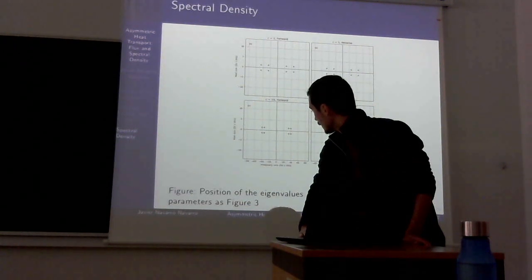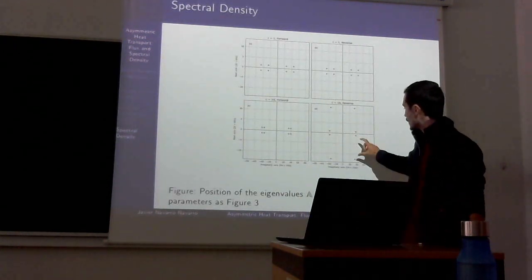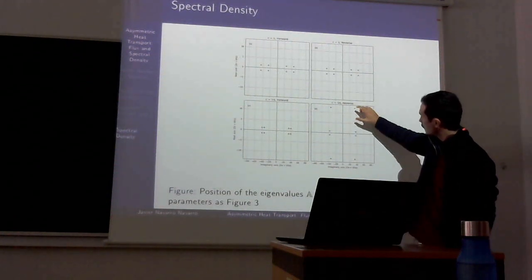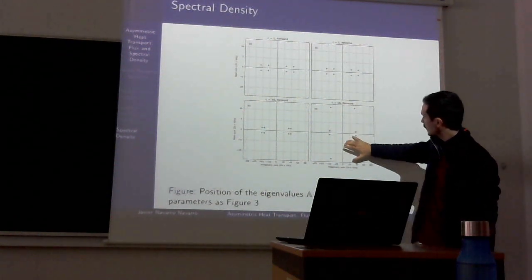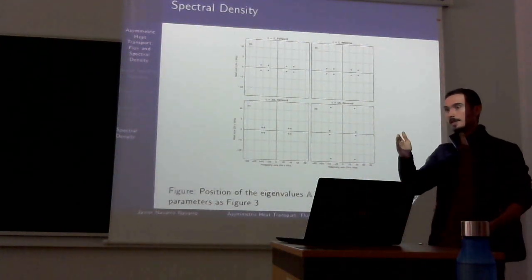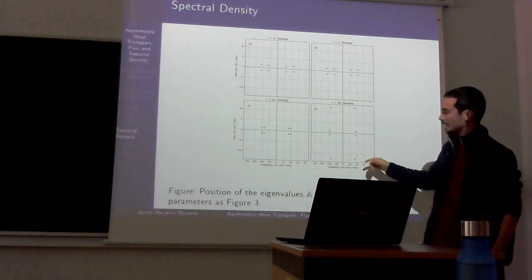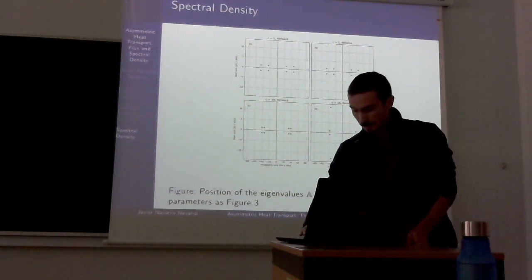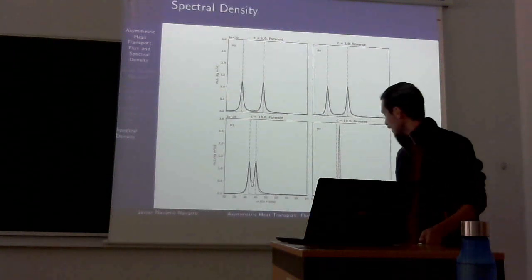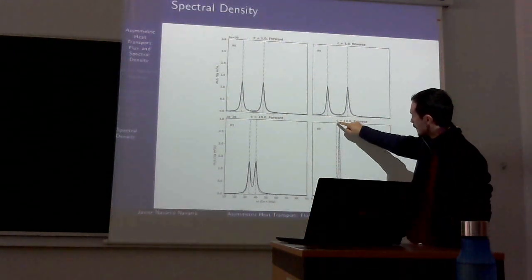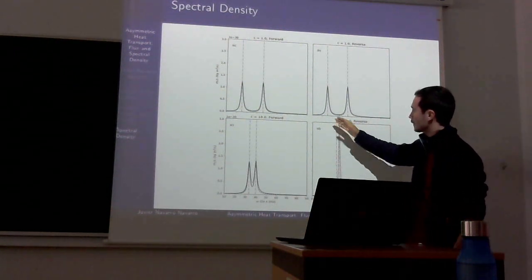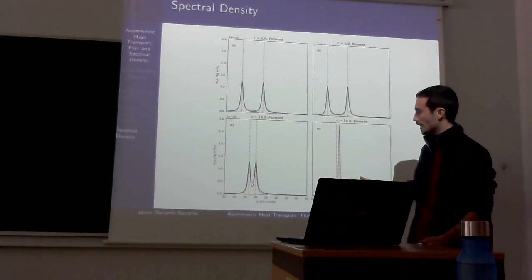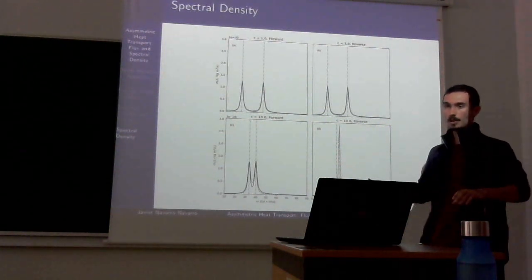And the real part, for example, if we look at this pair, the real part that is associated with the dissipation of the mode gives us the width of the peak. That's why here we expect a peak here. In fact, we see here two peaks, and here only one peak. The peak we are not seeing is because it's very weak.